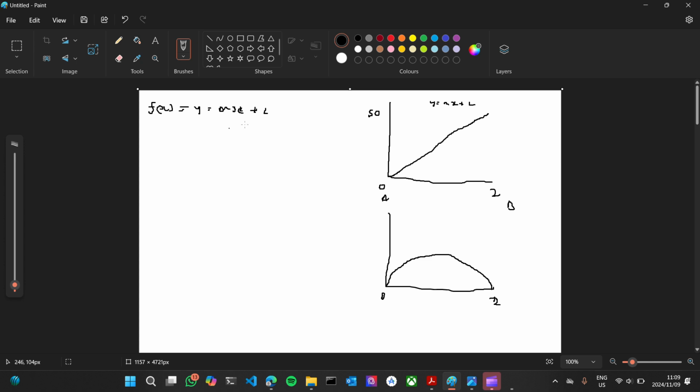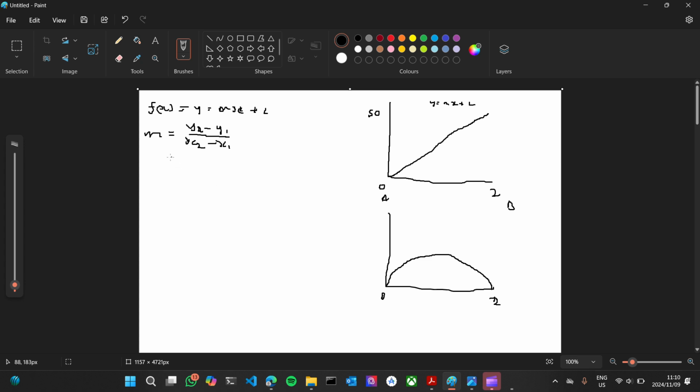right? We first would have to find the gradient of this function, which is y2 minus y1 over x2 minus x1.